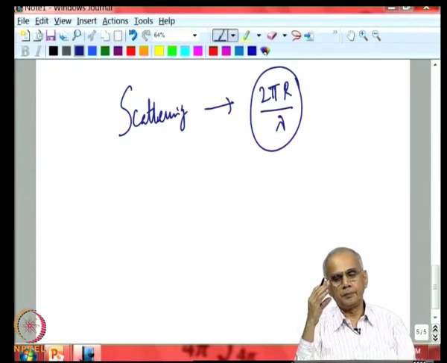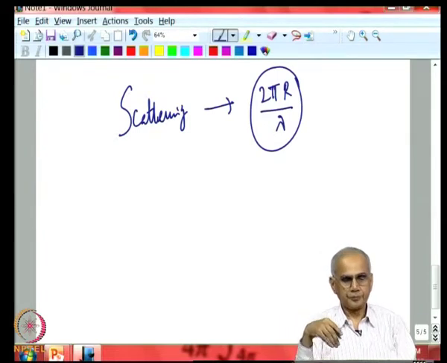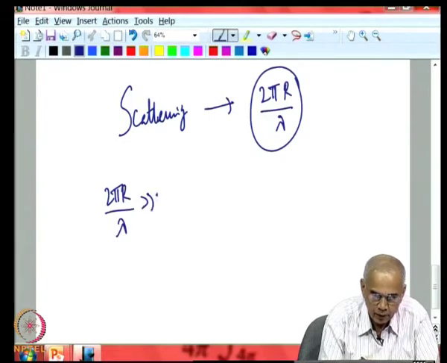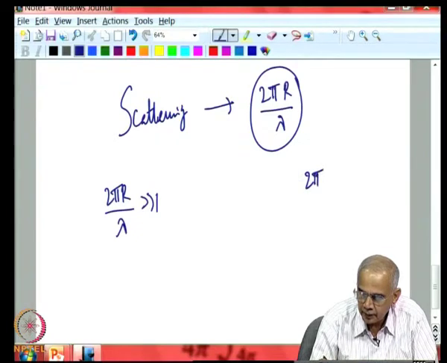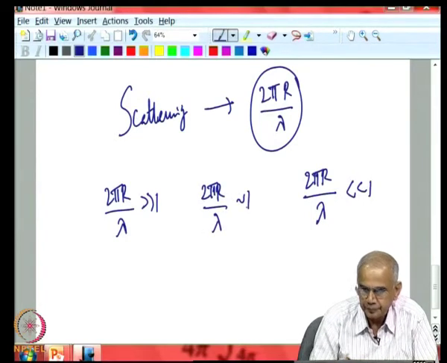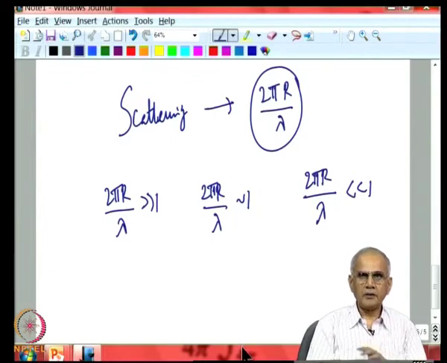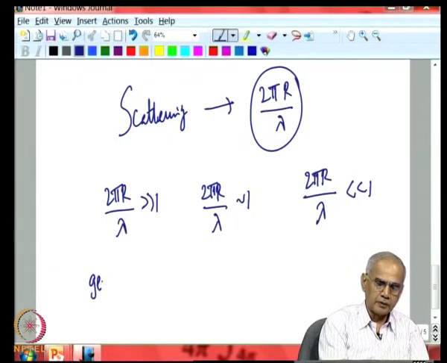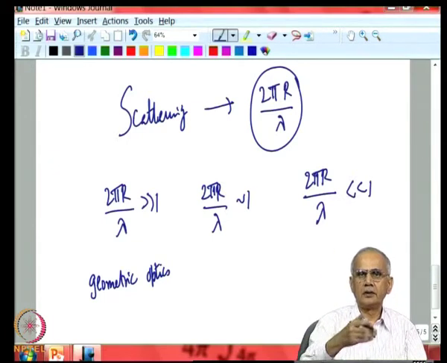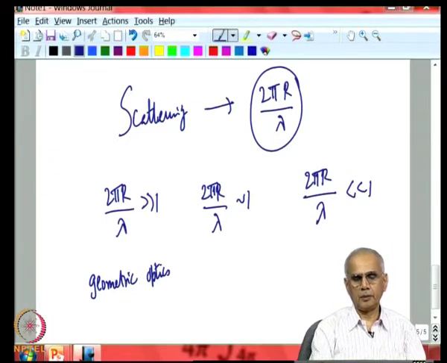So, if the radius of the particle is large compared to wavelength, that is one limit, or if the radius of the particle is small compared to wavelength, that is the other limit, and the third limit is when it is of order 1. When the particle is very large, you are governed by geometric optics, some of which you have already studied in your high school. The problem becomes very simple, it is almost a flat surface, and we know the laws of geometric optics.